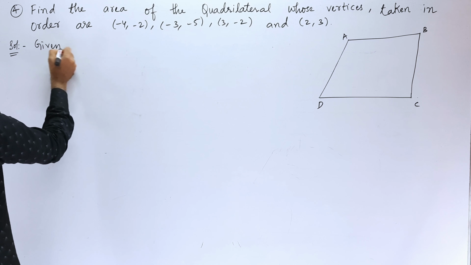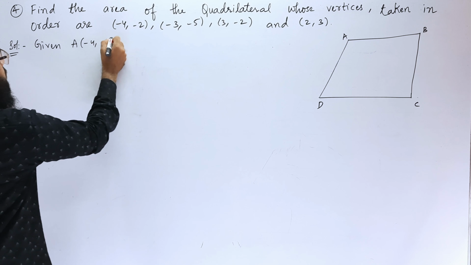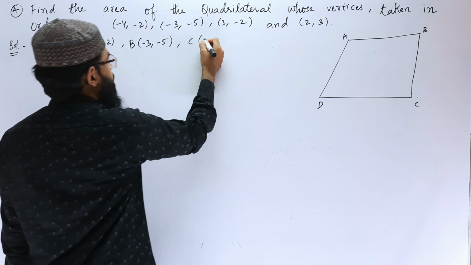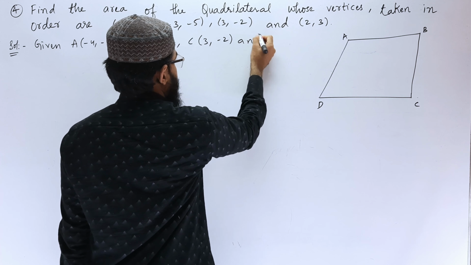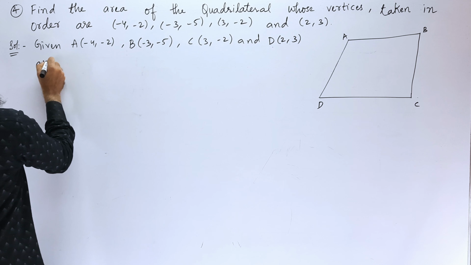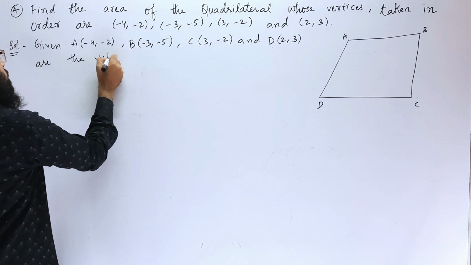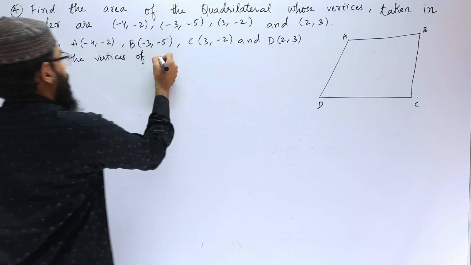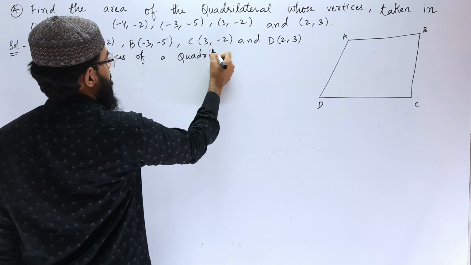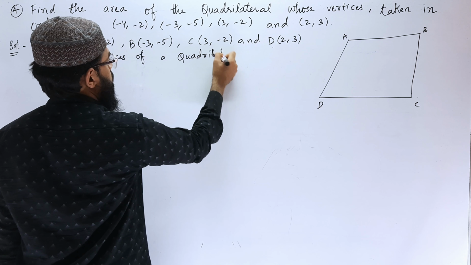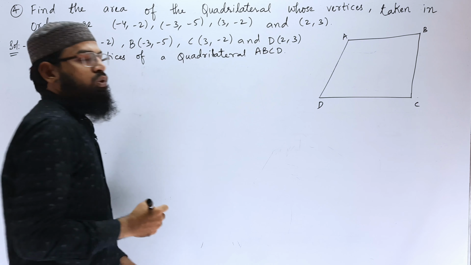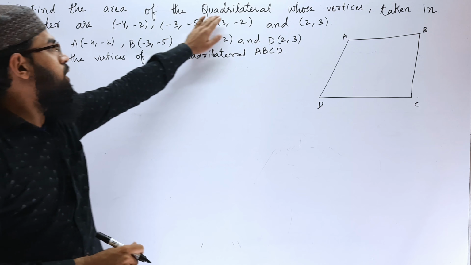Given A minus 4 comma minus 2, B minus 3 comma minus 5, C 3 comma minus 2 and D 2 comma 3 are the vertices of a quadrilateral ABCD. So we have to find the area of the quadrilateral.